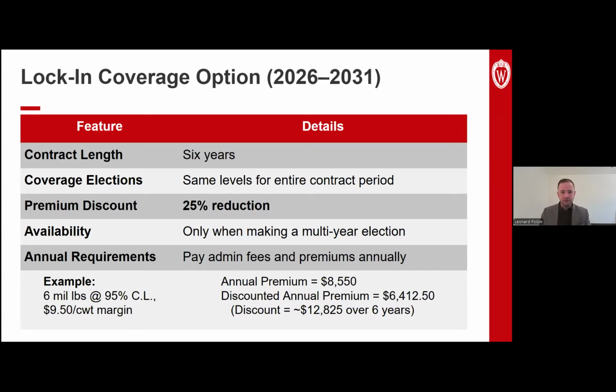Now, if you multiply that over the contract period, you're saving somewhere around $12,825. So, especially when we take a look at where DMC is priced compared to other risk management options, and if you take into account that premium reduction, I think there's pretty good value for the protection that you're getting.